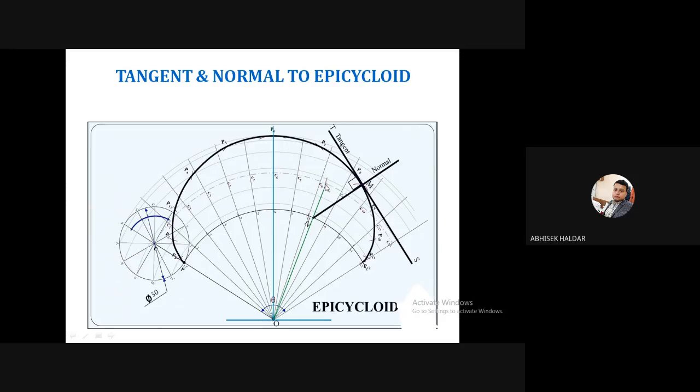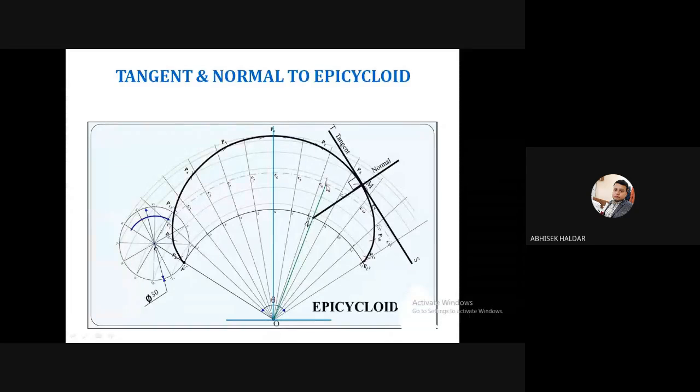Once we cut the central arc line, from that point take your scale and join the center point O. This green line you can see.